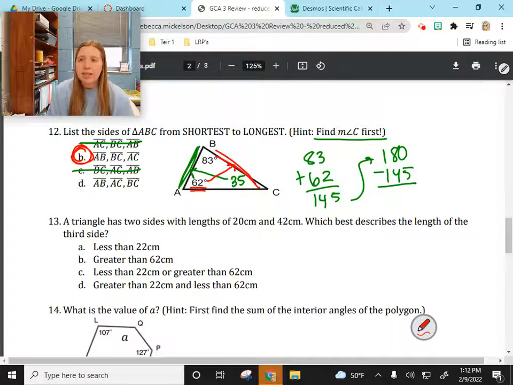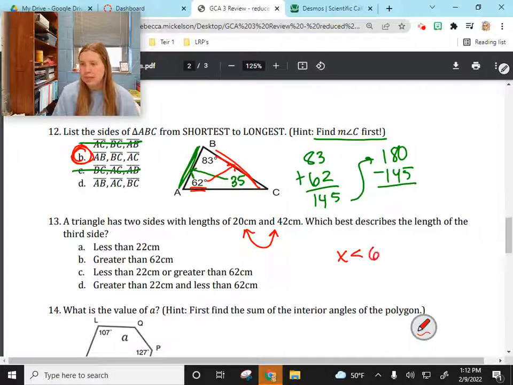A triangle has two sides with lengths 20 and 42, which best describes the length of the third side. The third side is going to have to be less than when we add them together. 20 plus 42 is 62.